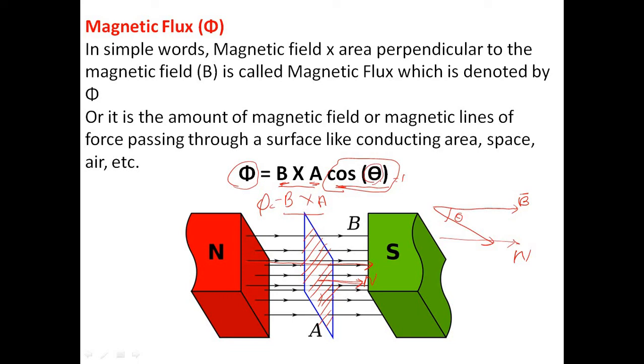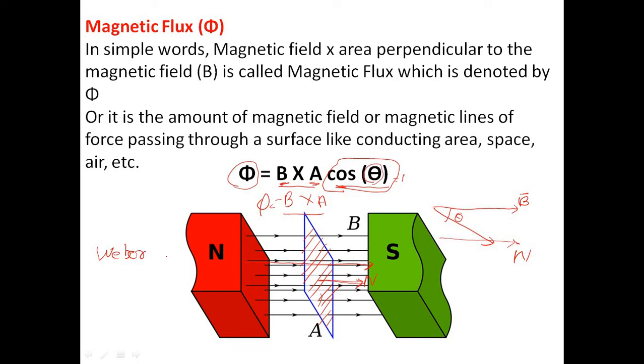The SI unit of magnetic flux is the Weber. I'm writing Weber, and the formula for finding magnetic flux is B into A, where A is the area in meter square. We know that the CGS unit for the magnetic flux is the Maxwell.